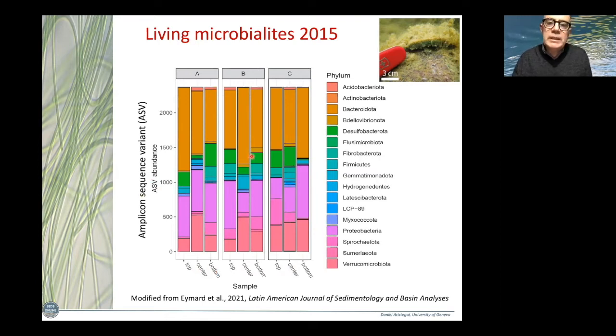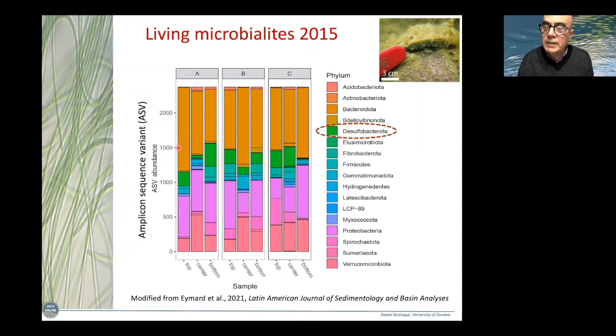What you see as different colors is the amplicon sequence variant. Don't worry, this is telling you about the diversity of the different films present in the sample. And to our surprise, there were almost no cyanobacteria.